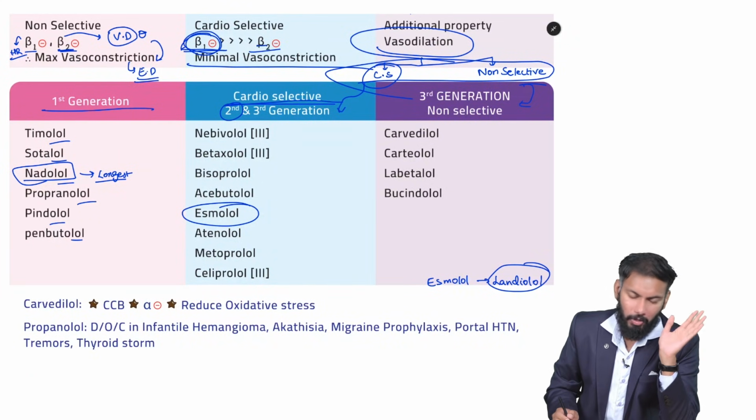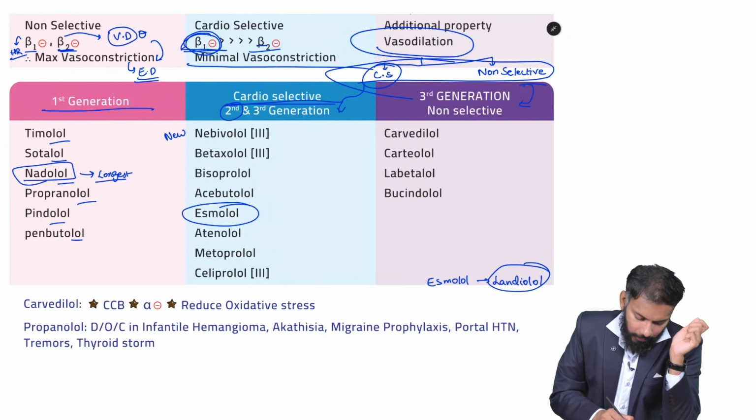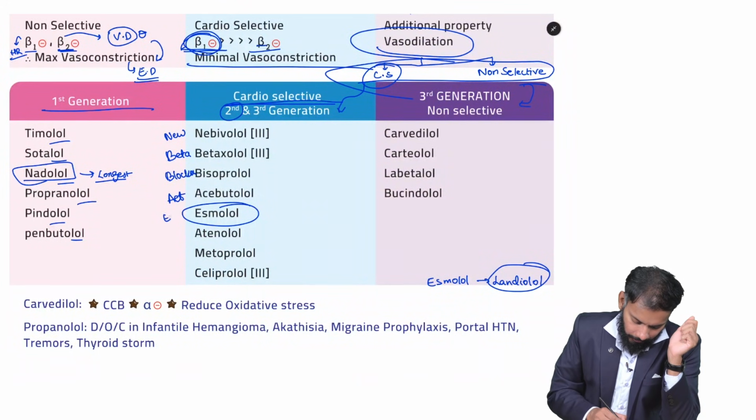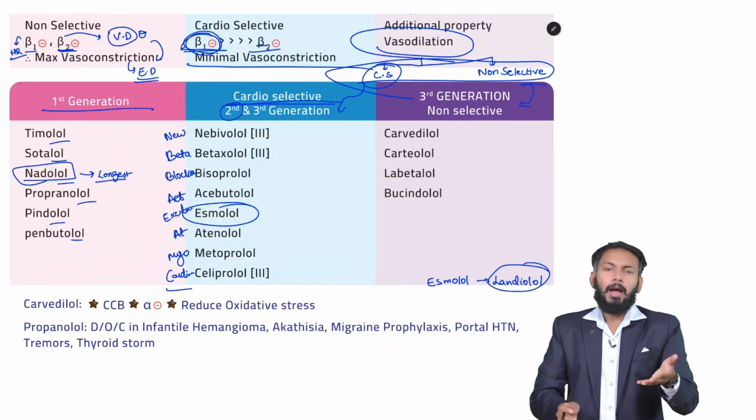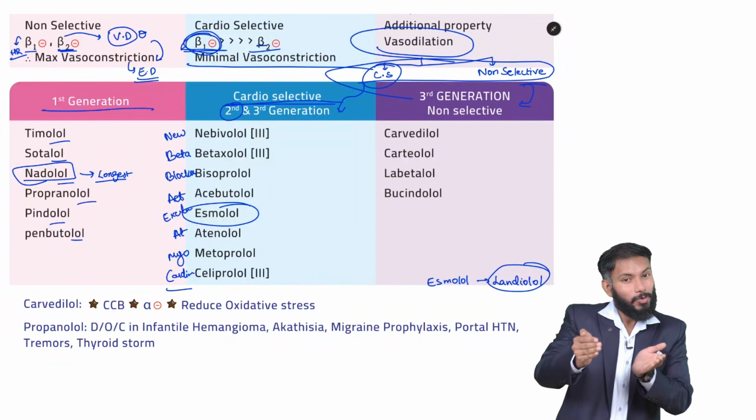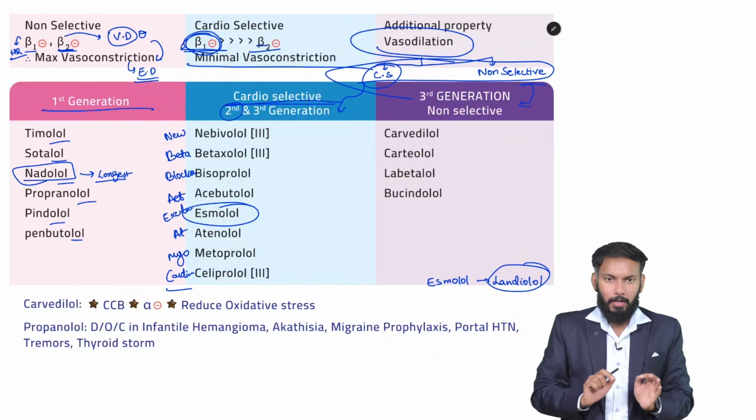There is a mnemonic: New beta blockers act exclusively at myocardium. Cardioselective means it acts exclusively at the receptors of myocardium. That is what I told you.